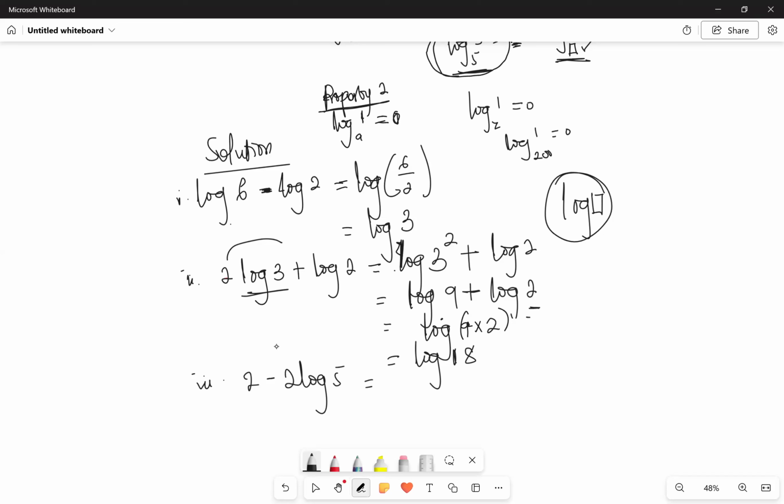Now, if you study this question, the first part doesn't have a log, and you can only solve when it has a log. Then you analyze the bases to see, oh, the bases are the same. So let me see the sign between, the subtract, and I will divide.